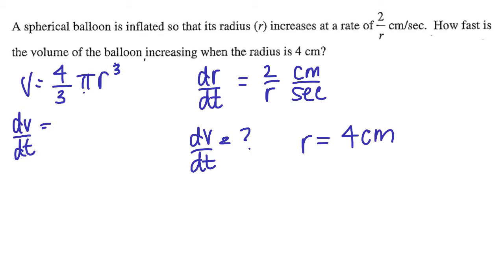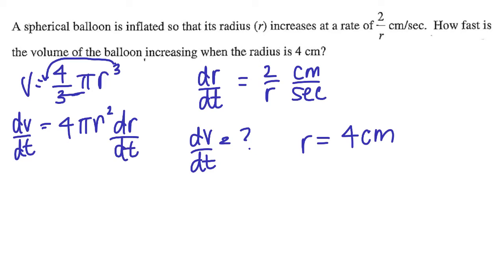Here again, 4/3 pi is just a coefficient, so I'm going to bring that 3 down. Those 3's will cancel, so I have 4 pi r squared times the rate of change of r with respect to time, dr/dt.